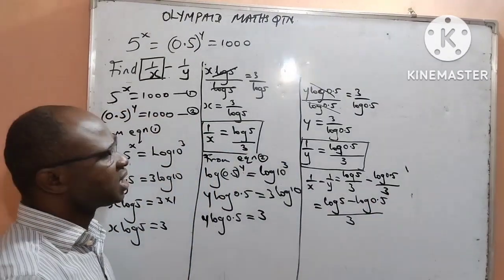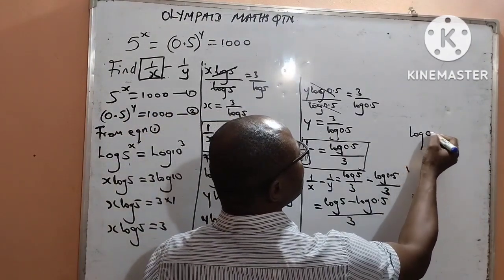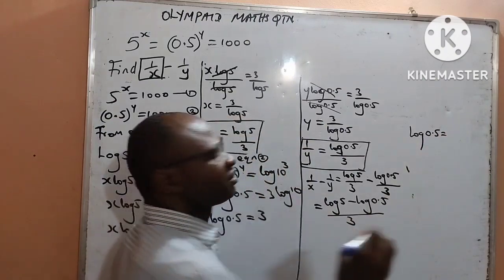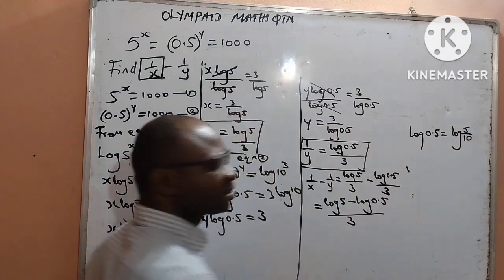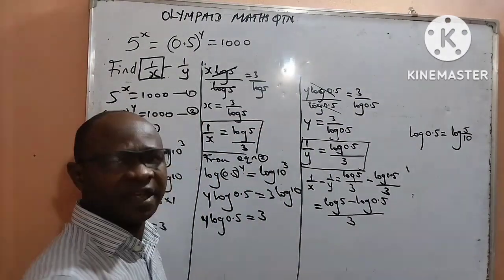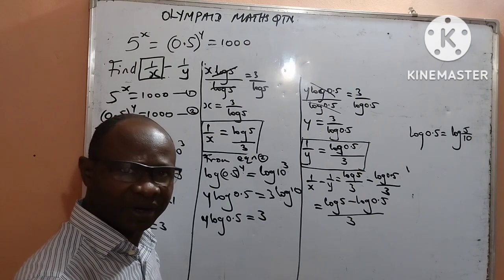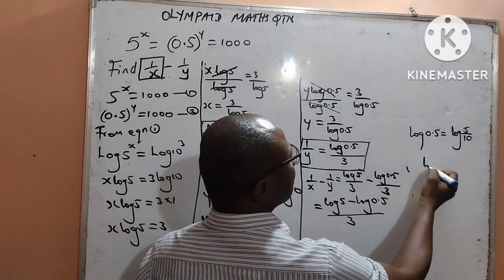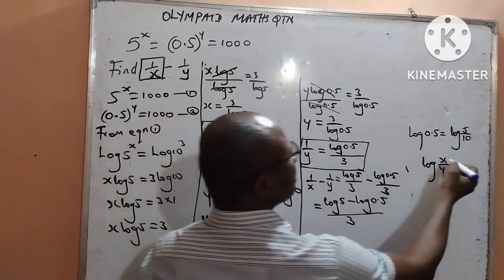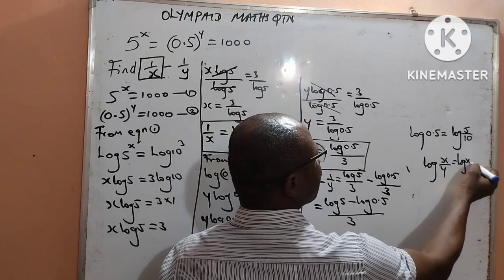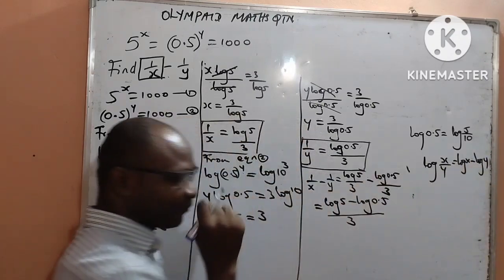Looking at this, I want you to know that log 0.5 can be written as log of 5 over 10. That is putting 0.5 as a fraction. But there is the division law of logarithms that says if I have log x all over y, that it is equal to the log of x minus the log of y.